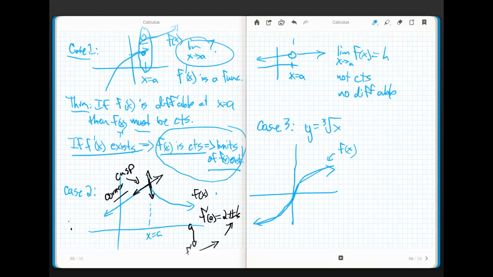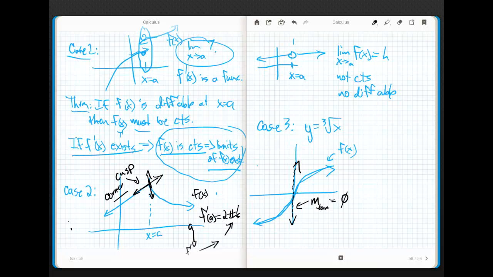The problem is, at x equals 0, guess what I have? I have a vertical tangent line. And we know that the slope of the tangent line, when it's vertical, doesn't exist. Therefore, it's technically not differentiable at that point.